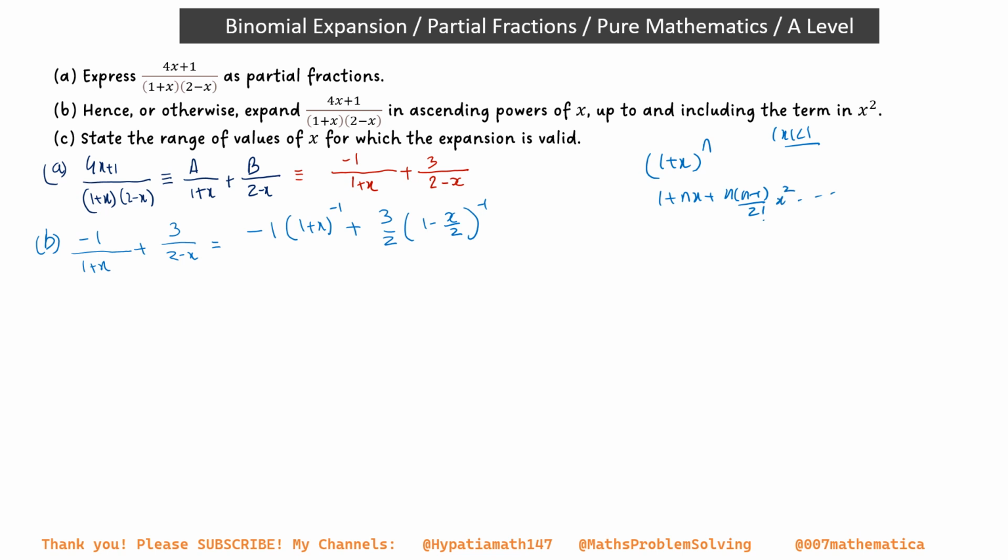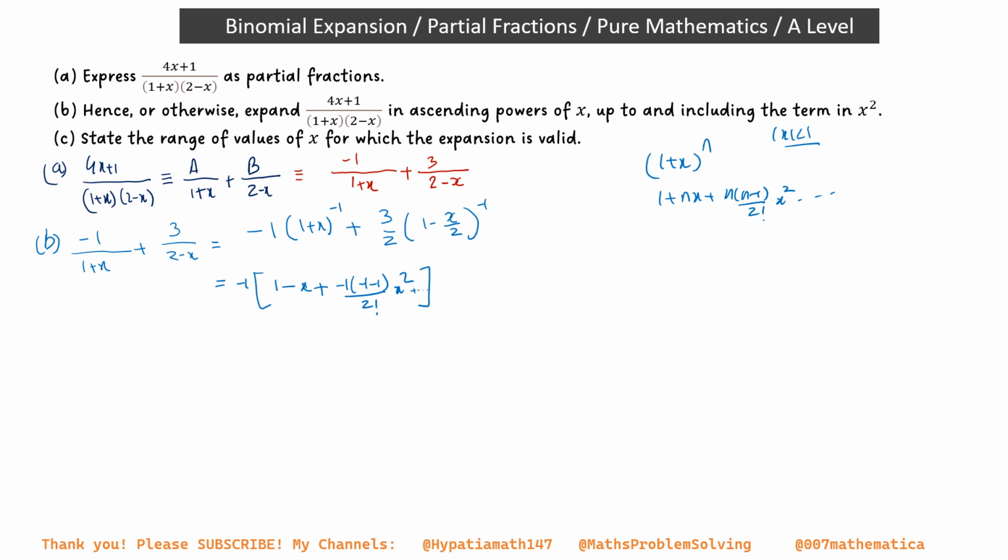So that's my formula. That's exactly what I'm going to do, keeping minus 1 outside. So 1 minus x plus minus 1 times minus 1 minus 1 out of factorial 2 x square, and then I ignore the other terms.